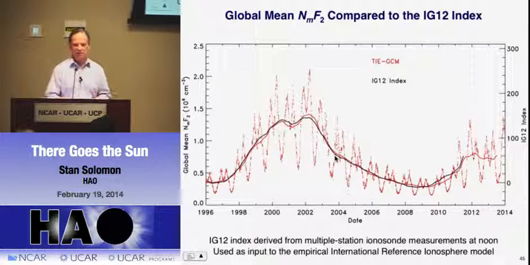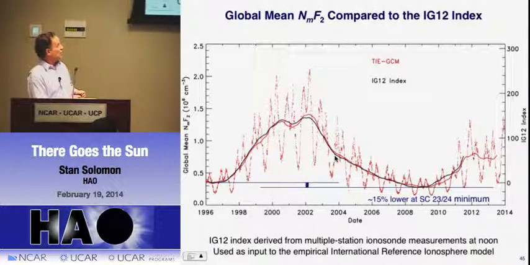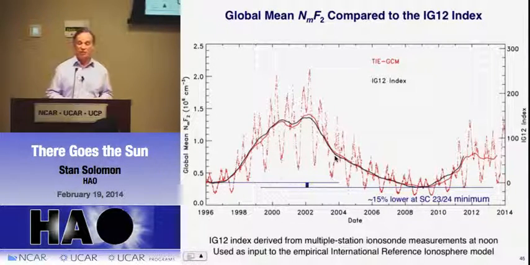It's just an index, imperfect like all indices, but as it happens, with this scaling, our estimate of the variability is on the same page, and indeed, both the IG12 index and the model simulations say that the ionosphere during the day was about 15% lower during 2008-2009 than it was back in 1996.